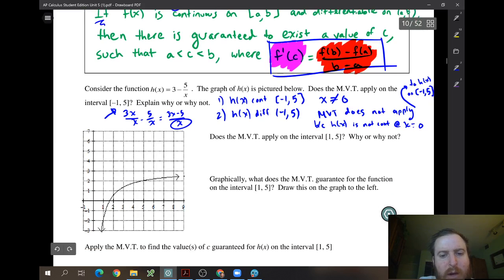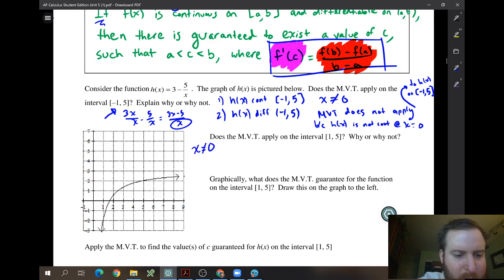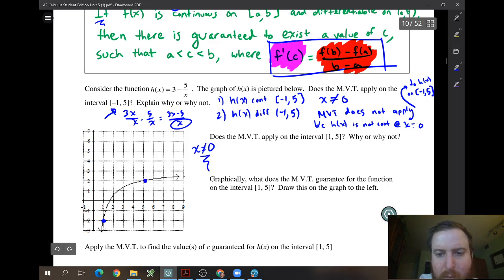Does the mean value theorem apply on the interval from 1 to 5? Well, in this case, it does, because the only value that x can't be is 0. So from 1, where we have a y value there, to 5, we can see through that whole section of the graph, it is continuous and it is differentiable. It's basically because the only spot where it's not is at 0.